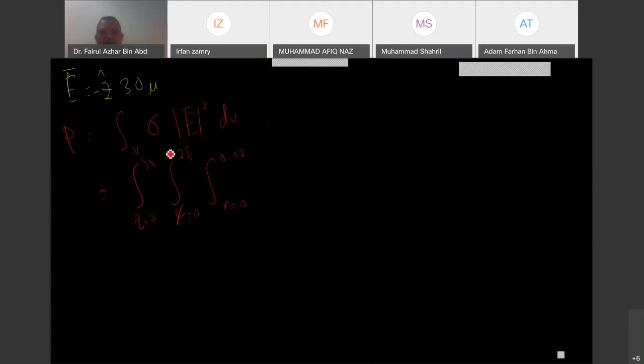The sigma given in the question is 5.8 times 10 power of 7 Siemens per meter, multiplied by E squared: minus Z cap 30 micro multiplied by minus Z cap 30 micro, then dV will be r dr d phi dz.